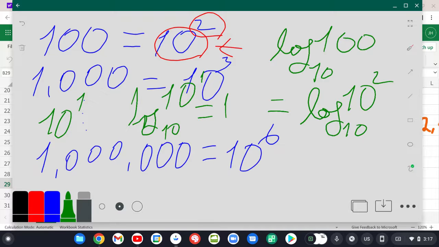So log of 10 squared to base 10 is basically 2, because it's 2 times log of 10 to base 10.